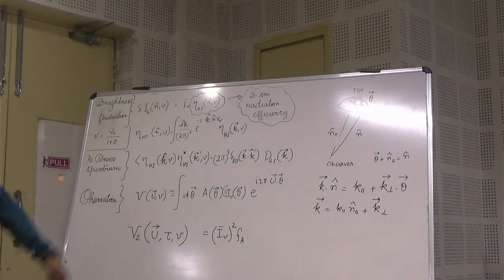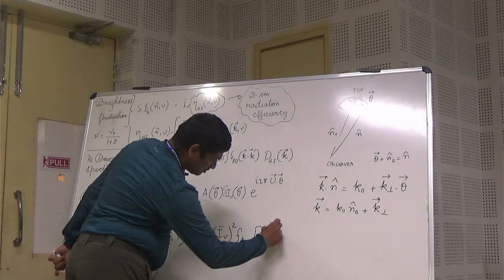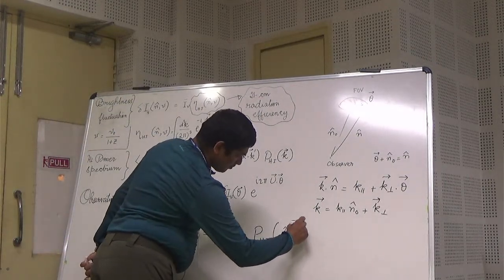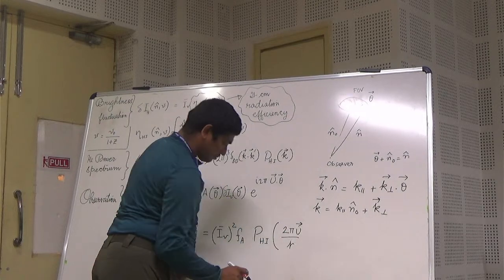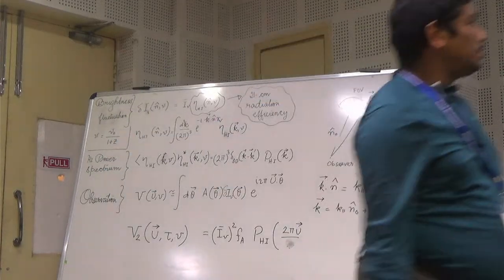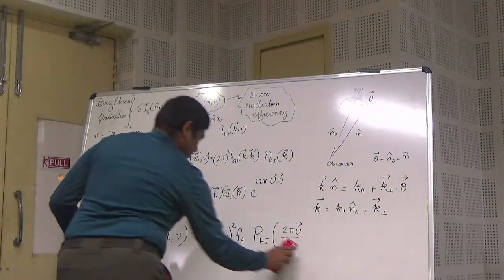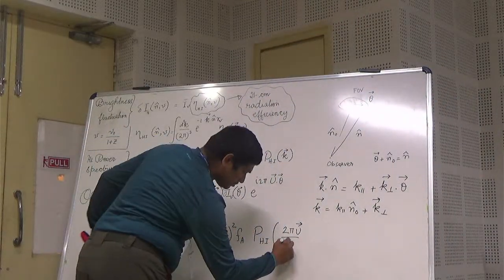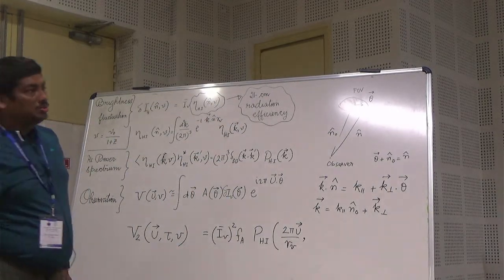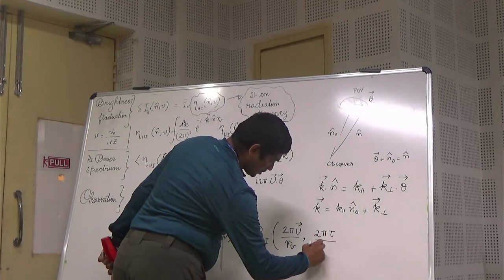Once I do this delta function integral, the only thing I am left with is that Ph1 is evaluated at 2 pi u by r nu, and K parallel has changed to now 2 pi tau by r nu prime, right?